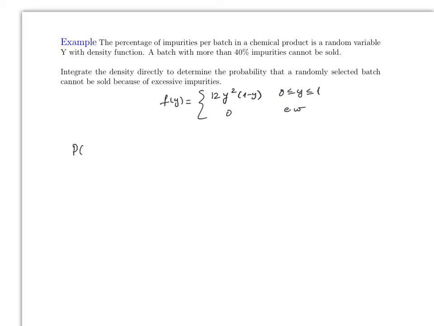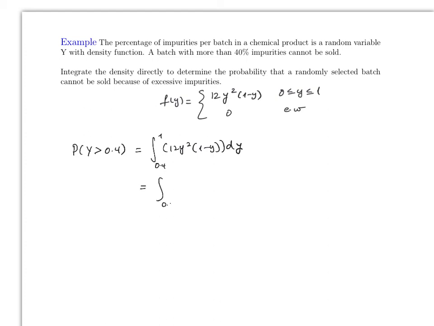So it's asking you to find the probability that y is greater than 0.4, and therefore this will equal the integral from 0.4 to 1 of 12y squared times 1 minus y dy.